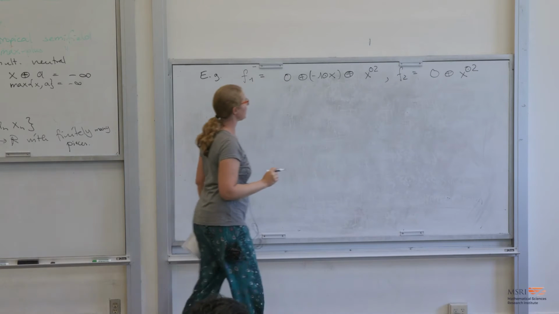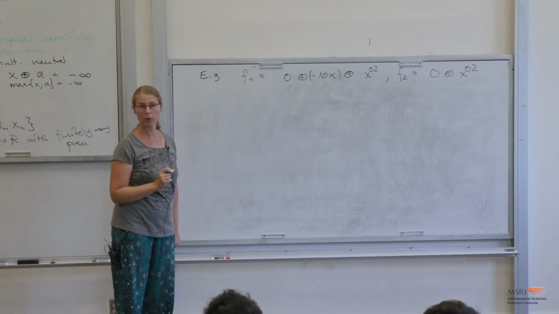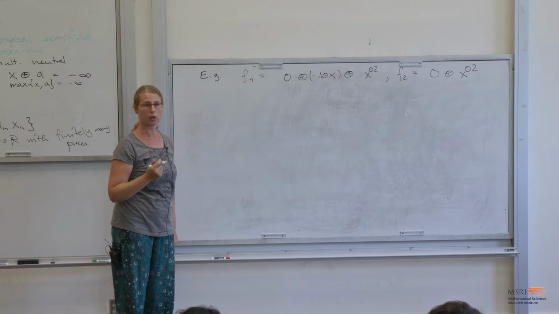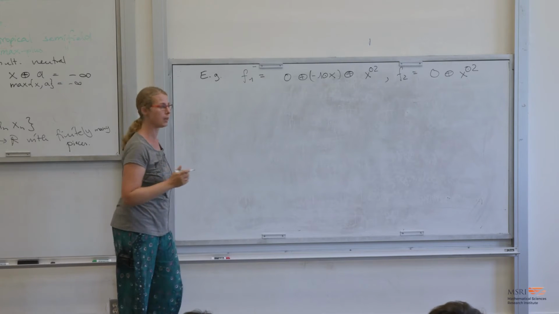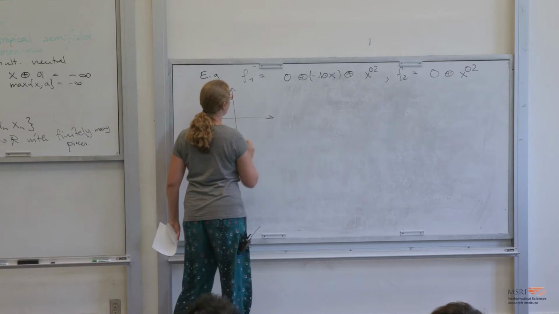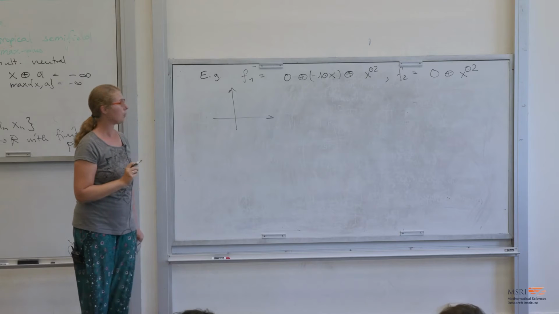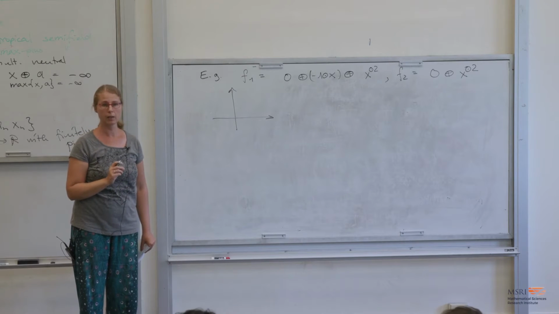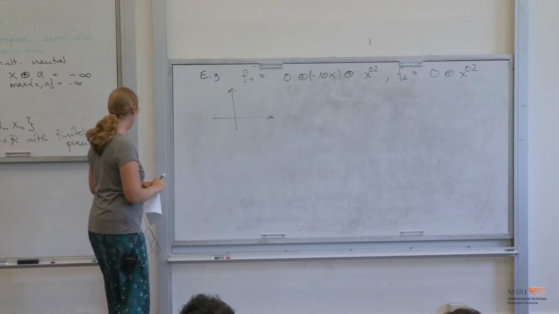I've chosen a univariate polynomial so that I can easily draw the graph of these as piecewise linear functions. And I always find it easy to draw the graphs by first drawing the linear pieces and then deciding where the max is going to be.